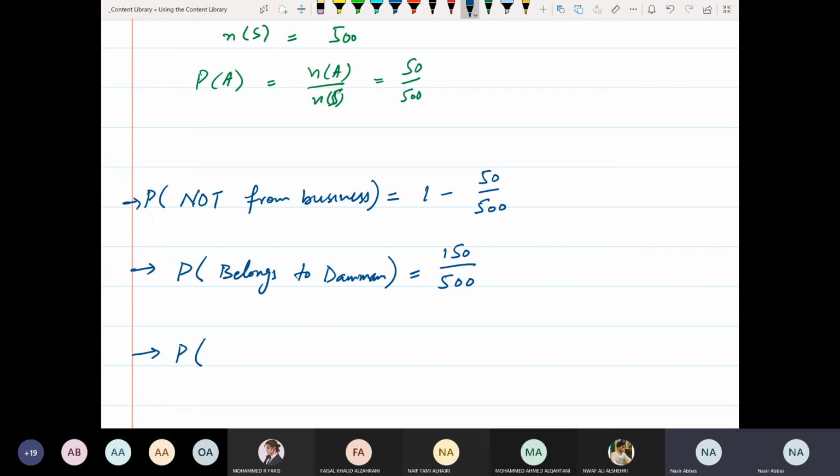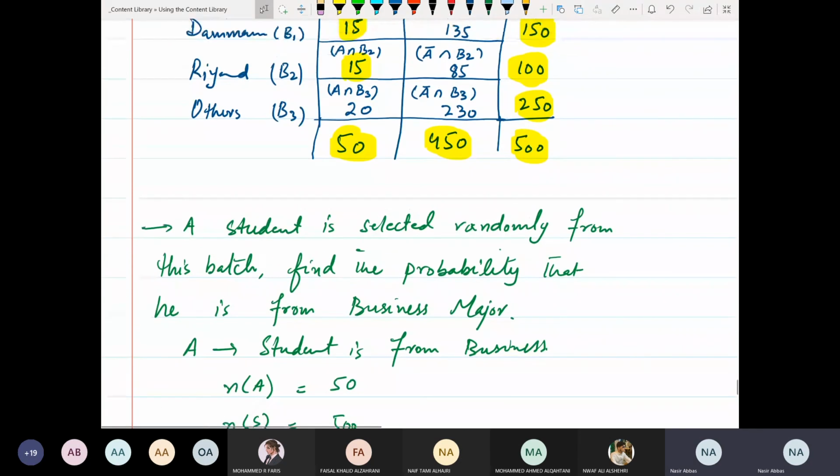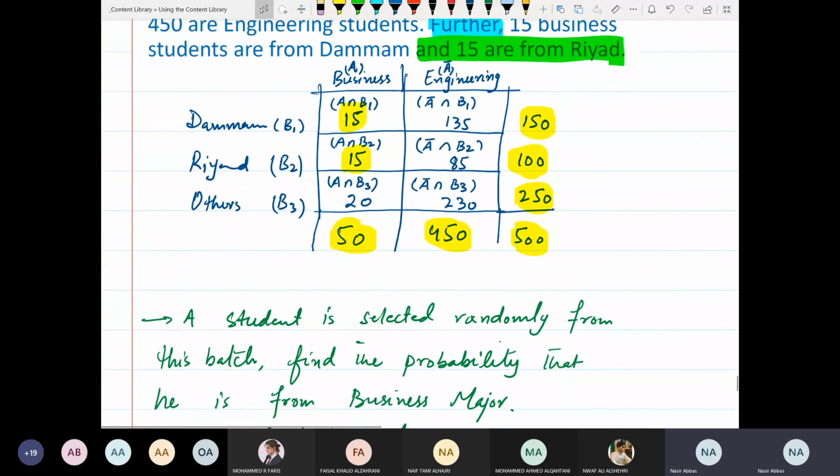What is the probability that the student does not belong to Riyadh? Nawaf, 400 over 500. How is it 400 over 500? You can see a table on your screen.